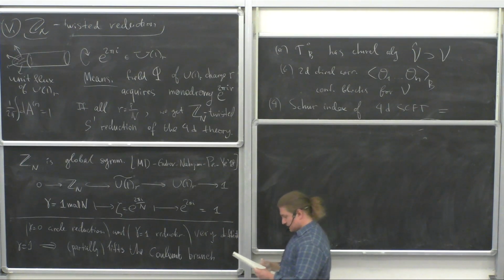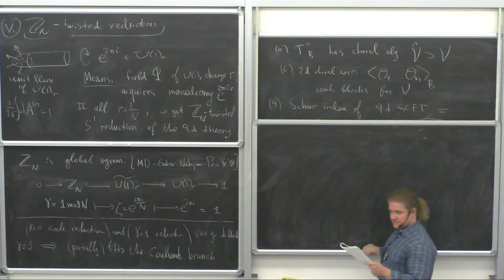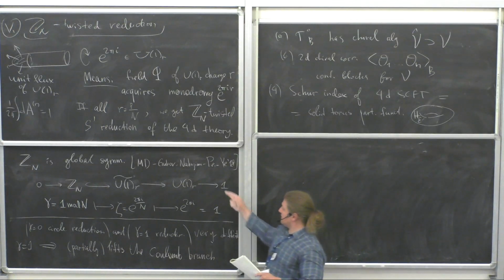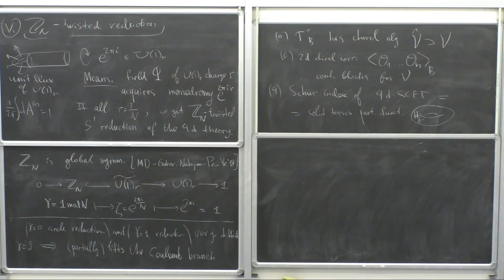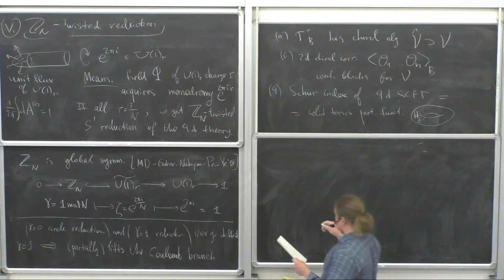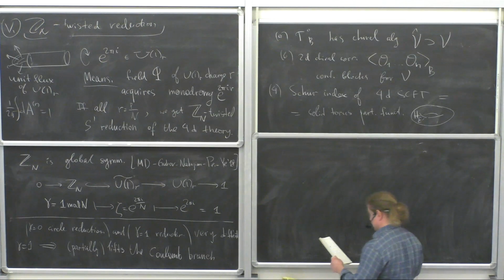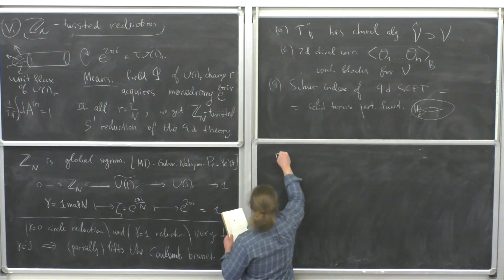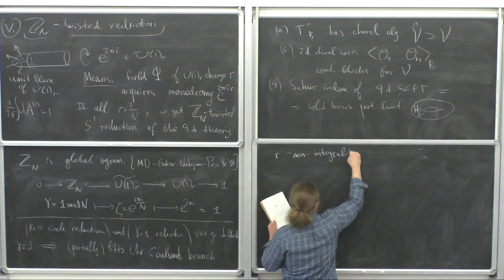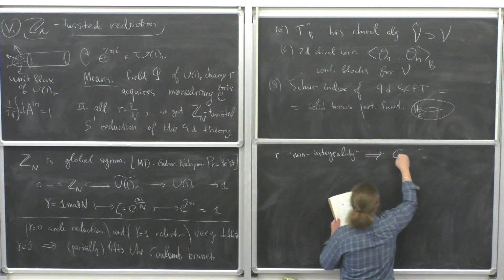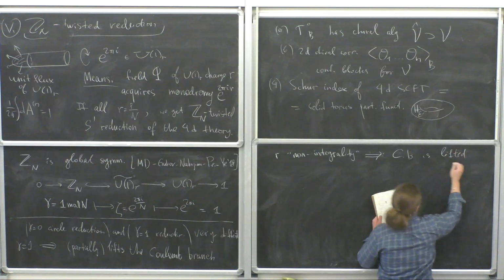In fact, when the four-dimensional theory obeys the non-integrality condition, which was the observation made here, that all the coordinates on your Coulomb branch have fractional R charges, then the Coulomb branch is completely lifted. So R non-integrality implies that the Coulomb branch is fully lifted in the three-dimensional limit.